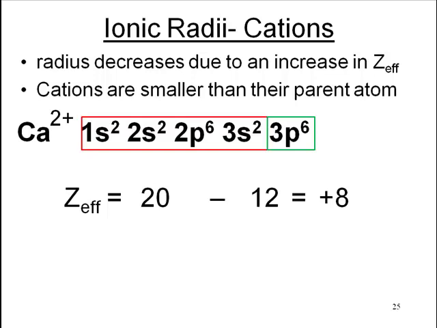Those are the outermost subshell, and these here are your core or shielded electrons for ZF. Why isn't it +6? Because calcium still has 20 protons. So 20 protons minus 12 electrons in the shielded layer.